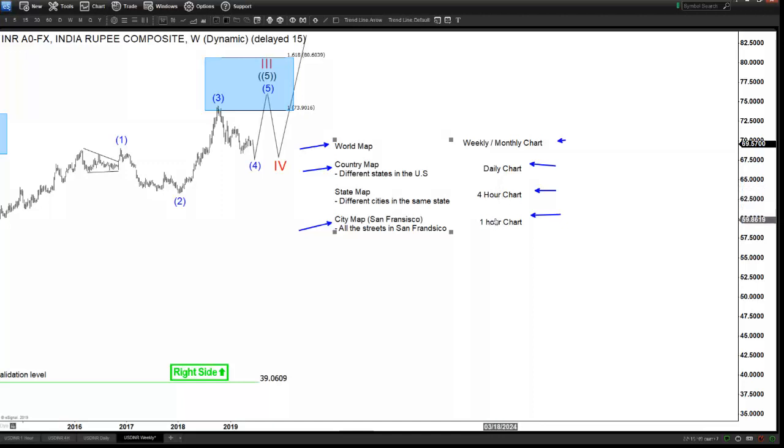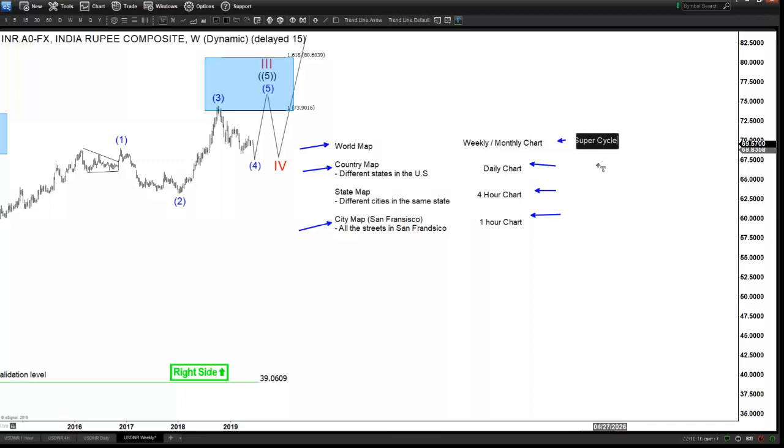The lower the time frame, the lower the degree in the Elliott Wave, and therefore you will find different labels more common in different time frames. Sub-minuet and minuet are commonly found in the 1 hour chart, the lowest time frame. But on the weekly chart, we more often find the supercycle and grand supercycle degree labels.